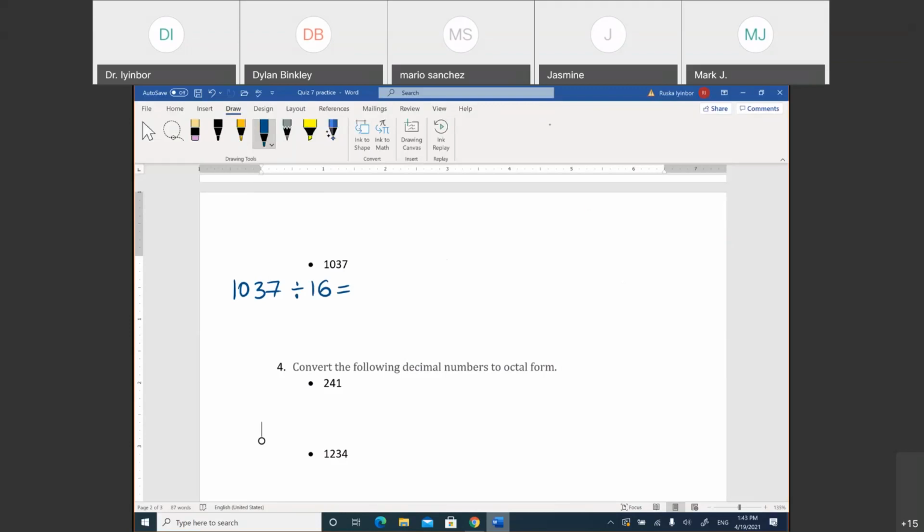So I'm just using my cell phone. 1037 divided by 16 is going to be 64.8125. But you're going to get the decimal part only, which is 0.8125. Going to multiply by 16, and we're going to get the remainder.